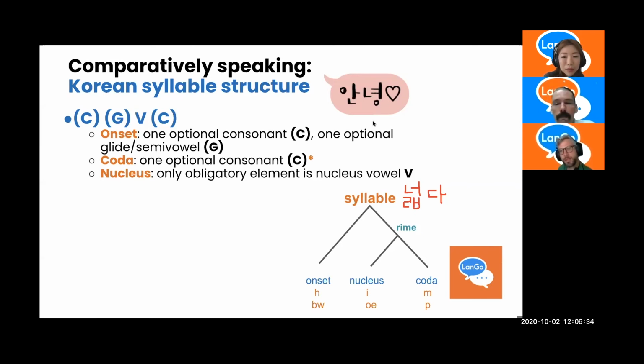Nice parallel. Korean writing, Hangul, is that unique in that, I know that sometimes what's written in the coda doesn't always go in the coda, but I can't think of another writing system which indicates syllable structure this way. So it's kind of nice.